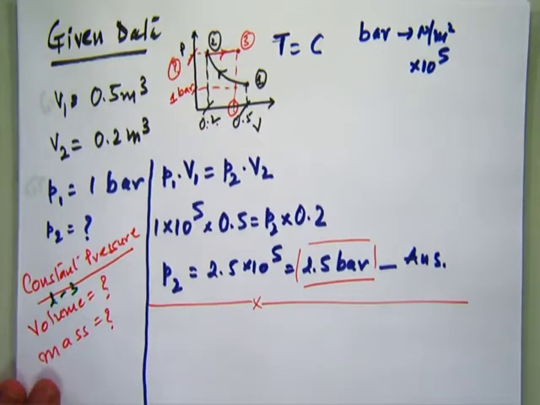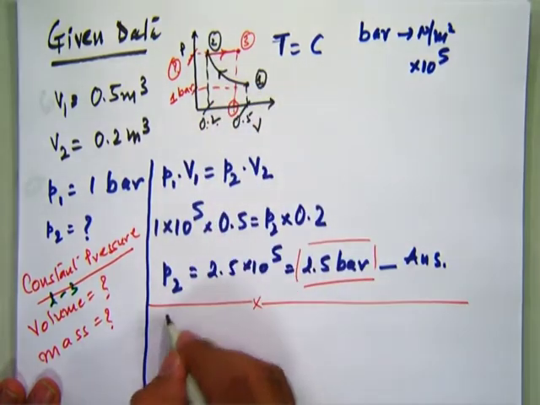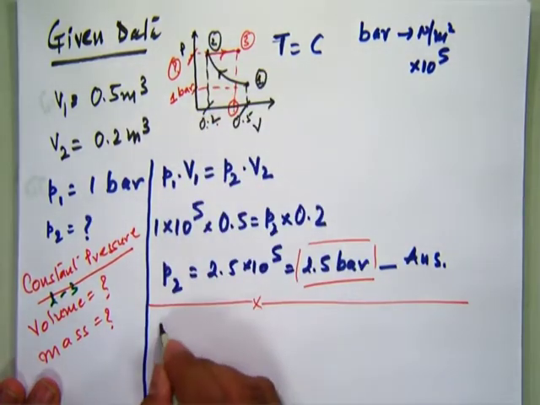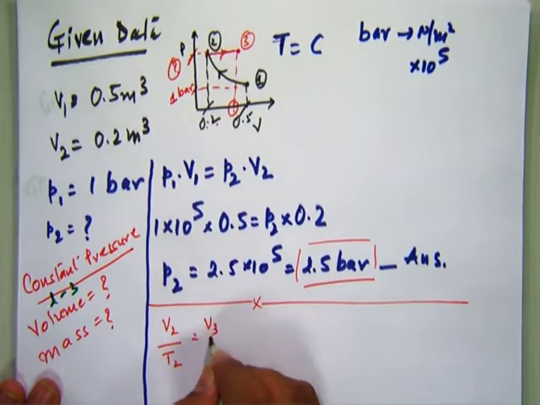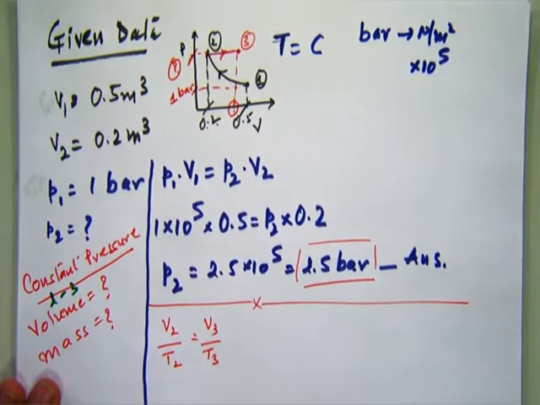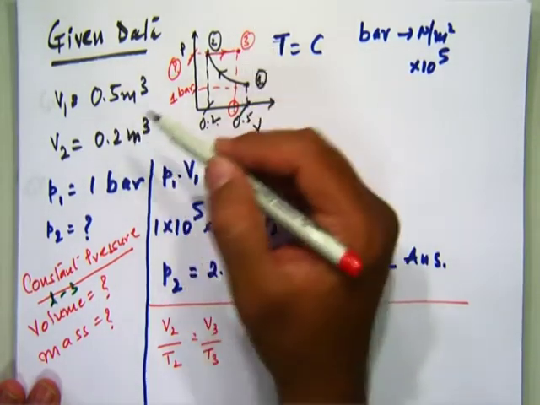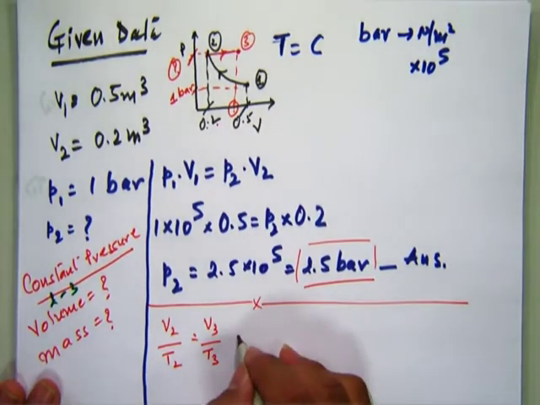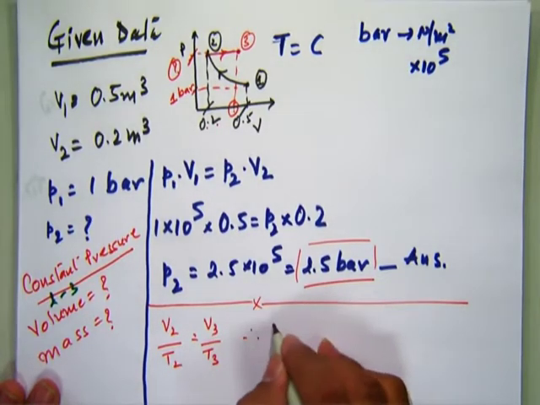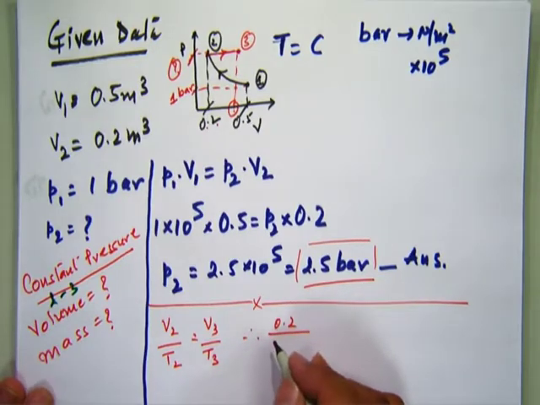For this constant pressure process, you can write V2 upon T2 is equal to V3 upon T3, because pressure remains constant, so P2 and P3 are common and will be taken out. Therefore, volume is 0.2 upon T2.